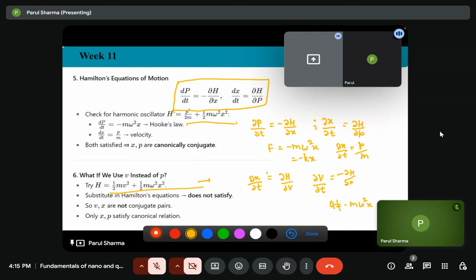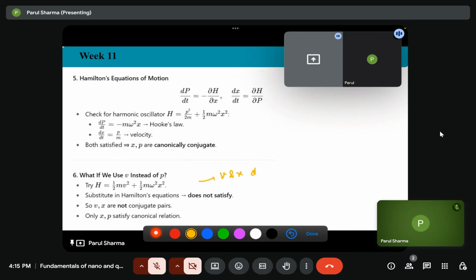So that is v and x are not conjugate pairs, it means v and x don't satisfy the Hamiltonian's equation.